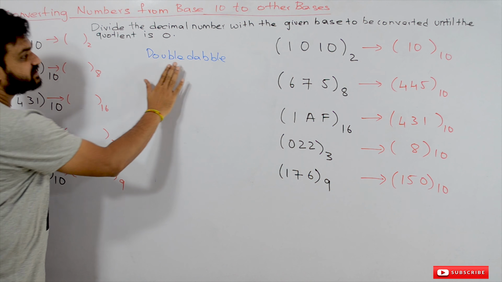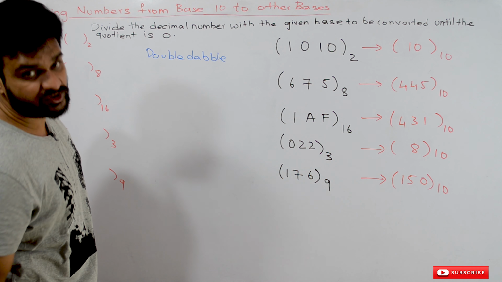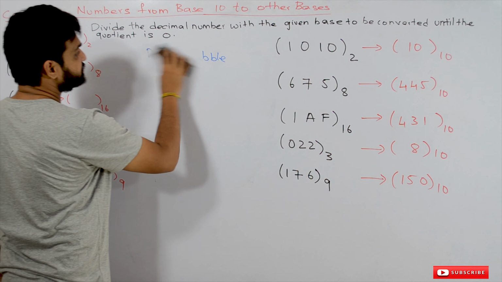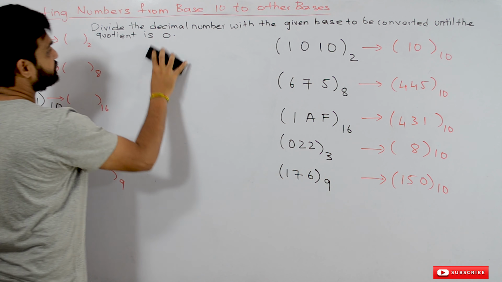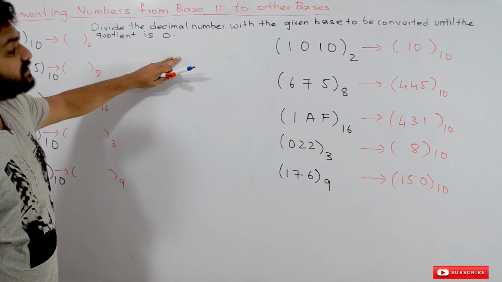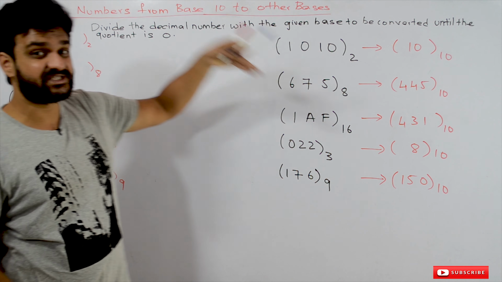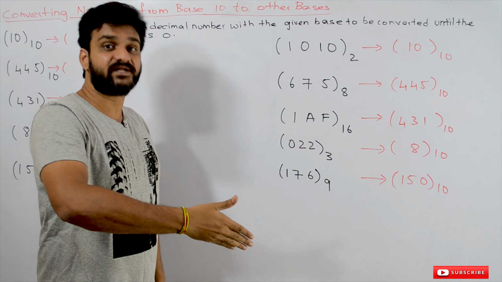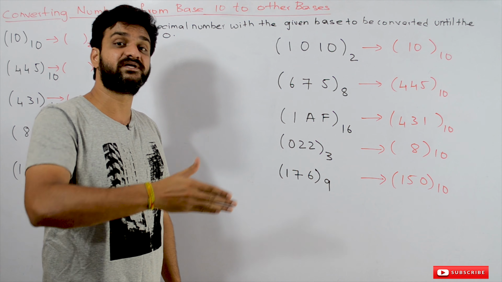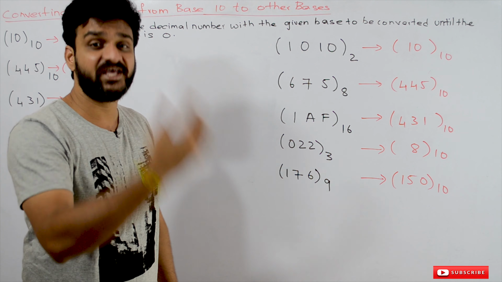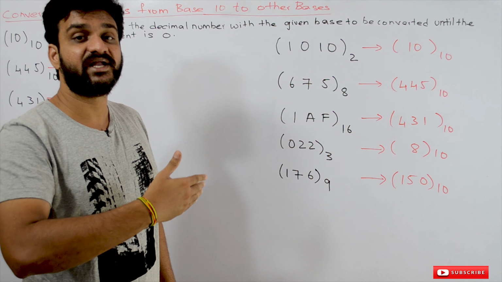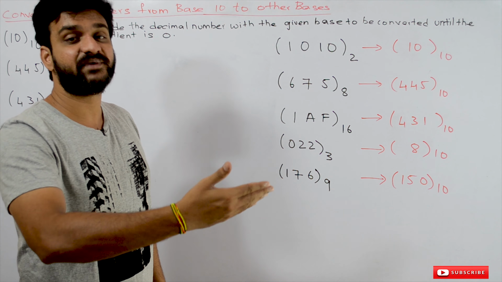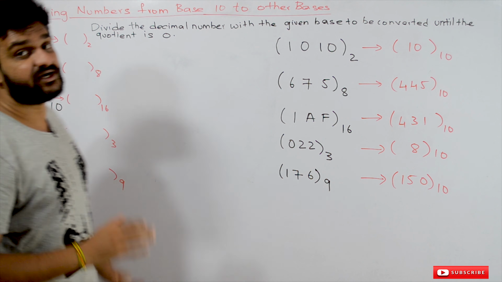The double dabble method was specified for decimal to binary conversion, but it can be used for any base: any decimal number can be converted to other bases by using the double dabble method.